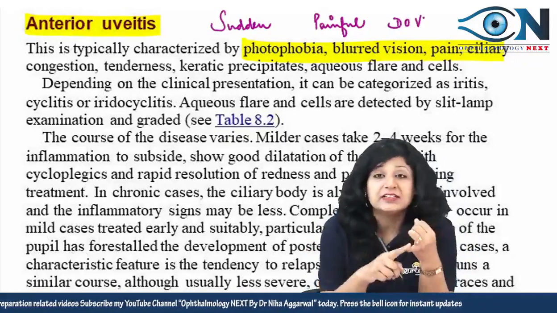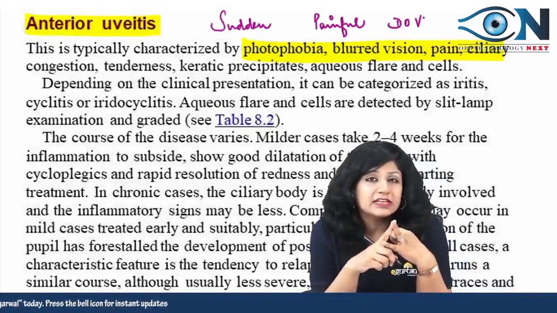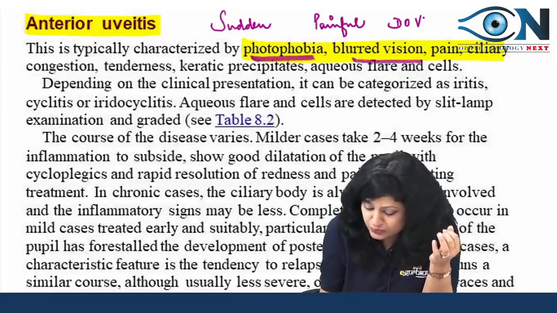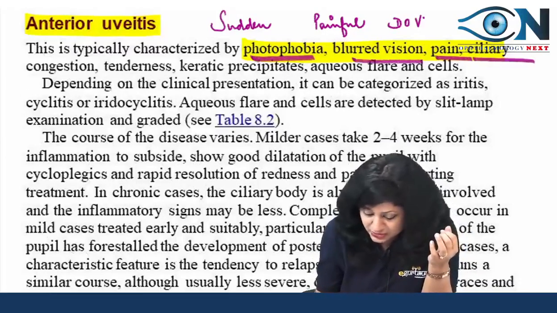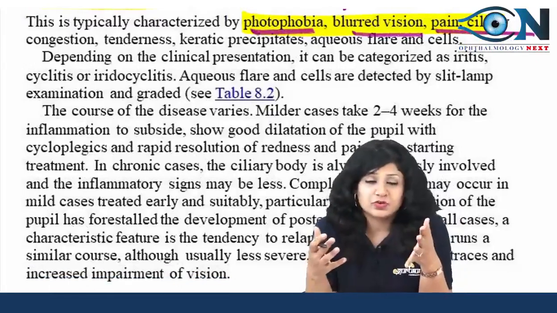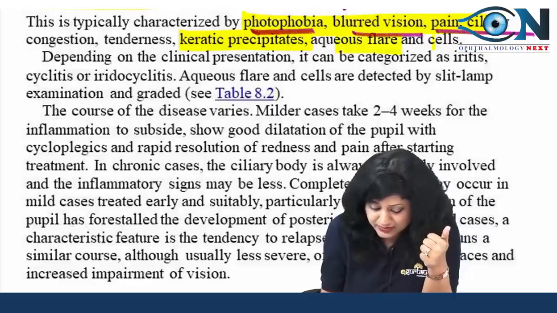And we have spasm of the ciliary muscle, due to which we have photophobia. So we have photophobia, blurring of vision, pain, ciliary congestion, tenderness, all the signs of inflammation, the keratic precipitates, the flare, the cells.